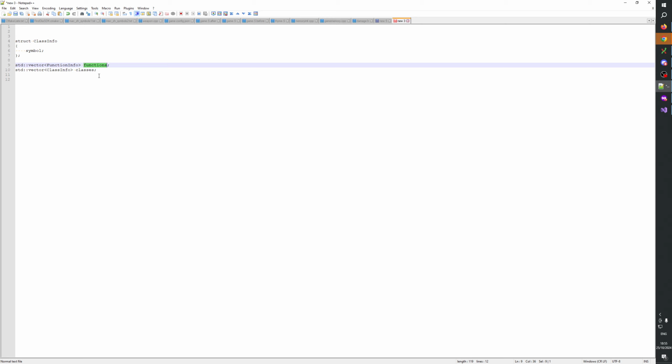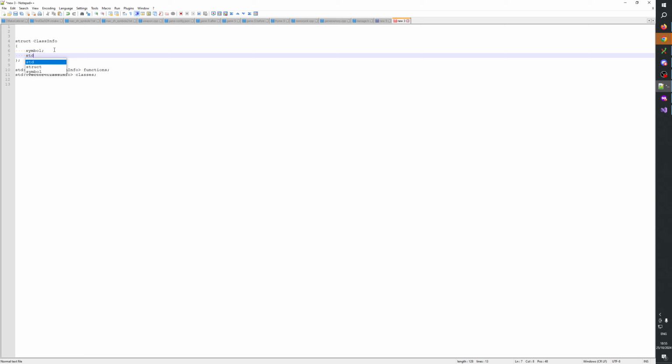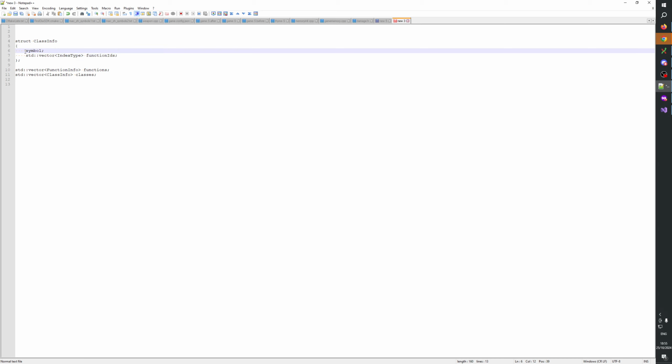Then let's do std::vector of index type, function IDs, and this is std::string symbol. So this would be the minimum information for a class without inheritance yet.